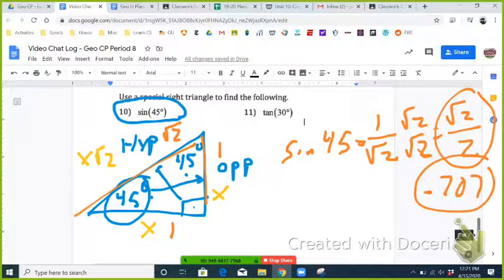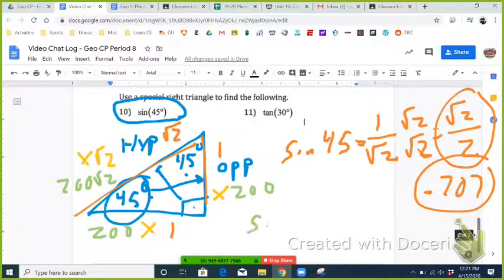Alright, so you can use any 45, 45, 90 triangle side lengths and you'd get the same answer. Even if you made this side like 200, let's change up the colors for a second. Let's say this side was 200 feet long and this side was 200 feet long. Well, then the hypotenuse would have to be 200 root 2 feet long.